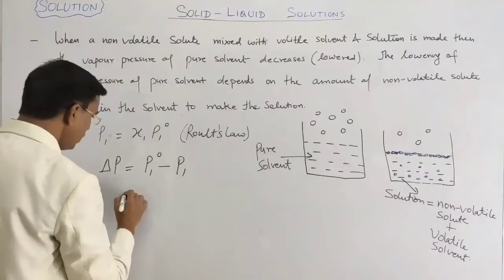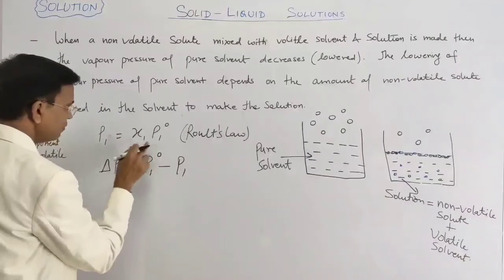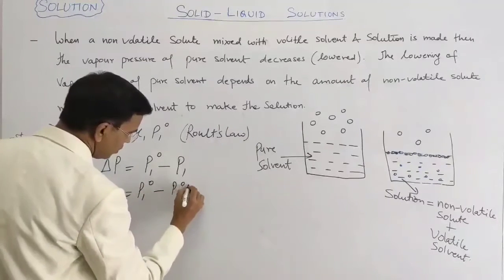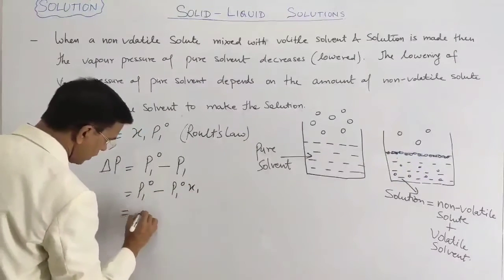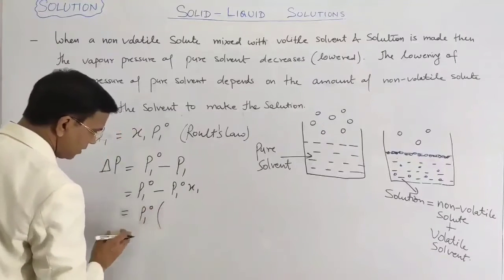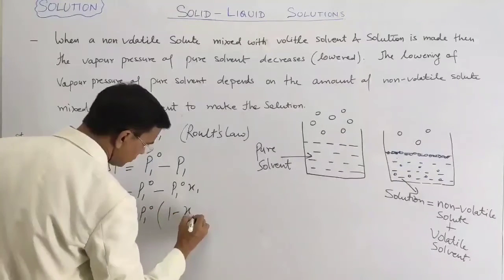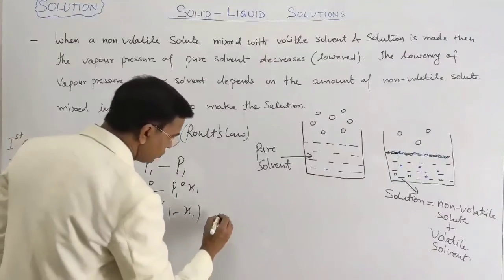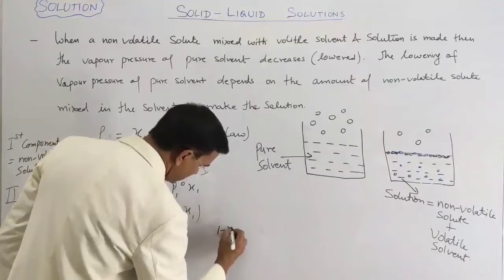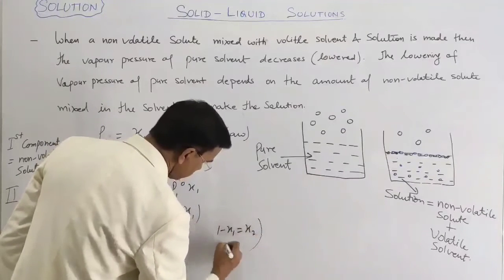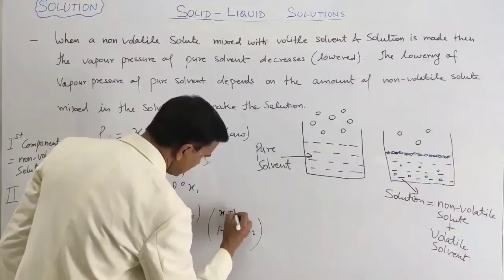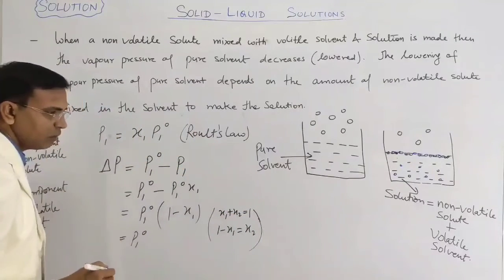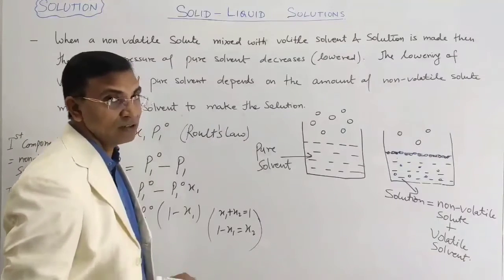Now if you replace P1 with P1° x1 and take P1° common, it is P1°(1 − x1), and 1 − x1 is equal to x2, because x1 + x2 = 1. The sum of the mole fractions in the solution is always taken as 1.